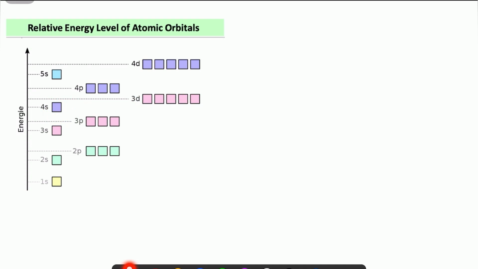Actually, this relates to the characteristics of the electrons. Electrons, we know, have a negative charge, so there will be repulsions between the electrons, which makes the orbital 4s lower compared to the 3d.